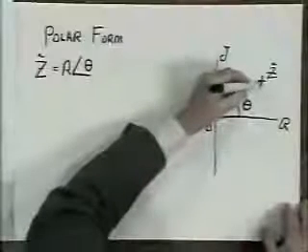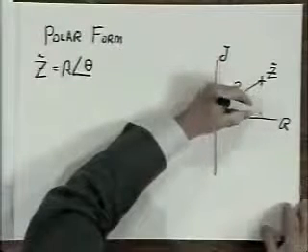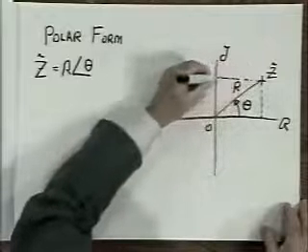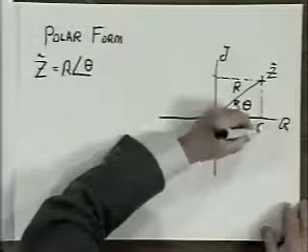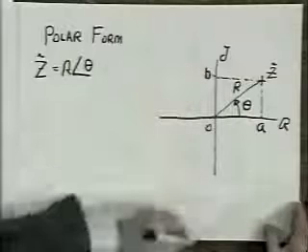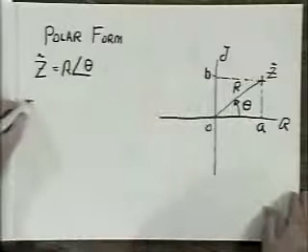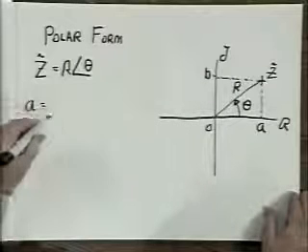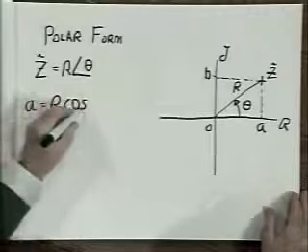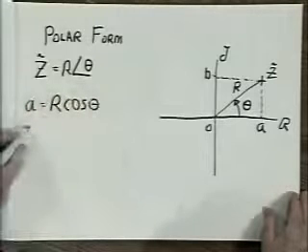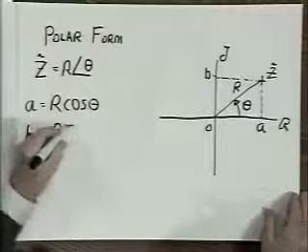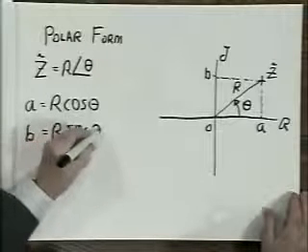That is, if I drop down a perpendicular to the real axis and draw a line over to the horizontal axis, this corresponds to the real part, which I previously called A, and the imaginary part B. So the real part of this complex number, A, is just r cosine of theta, and the imaginary part B is equal to r sine of theta.